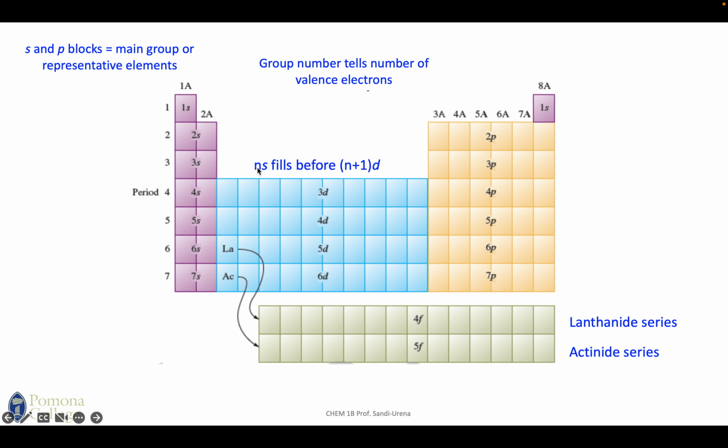It should read n+1 s first, so 4 is 3 plus 1. So the 4s orbitals are filled before the 3d orbitals are filled. Okay, so there's an anomaly there.